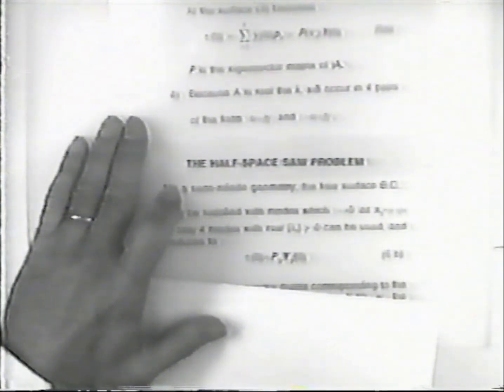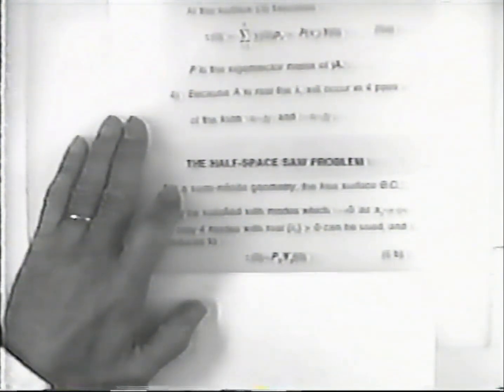Any of the negative ones will grow with depth, and so we have to discard them in constructing a solution. So this is then the value of this component on the free surface.